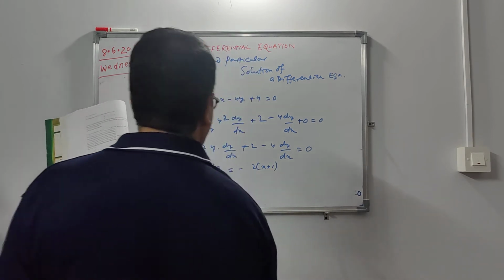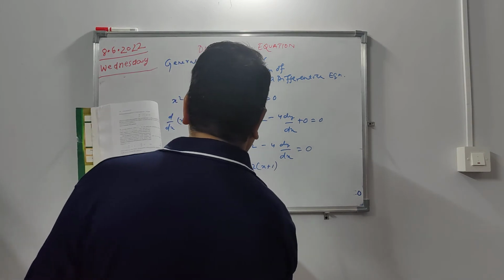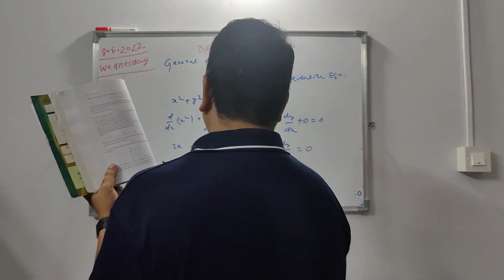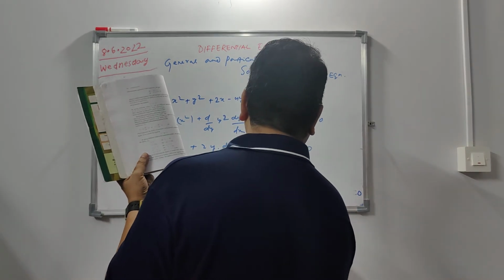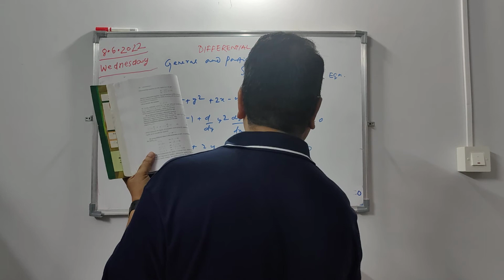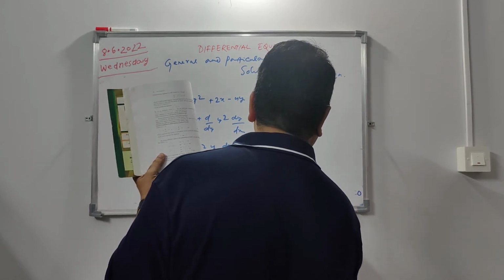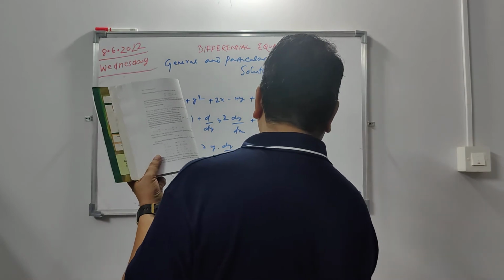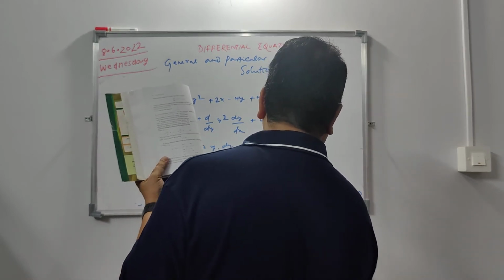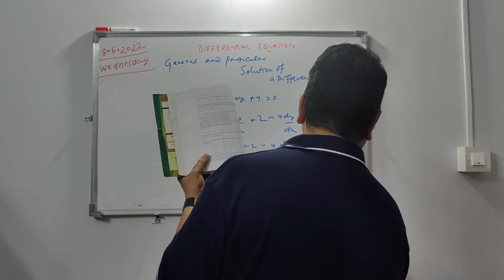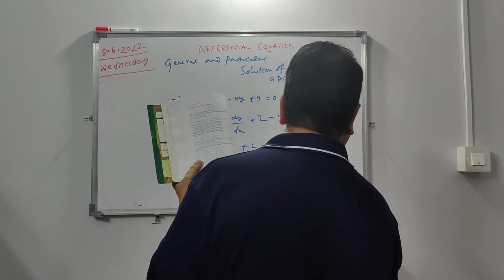That means dy by dx is equal to minus 2 into (x plus 1) divided by 2 into (y minus 2). The 2 cancels out: minus (x plus 1) by (y minus 2). Understood?